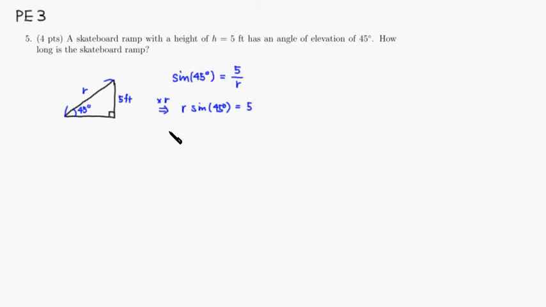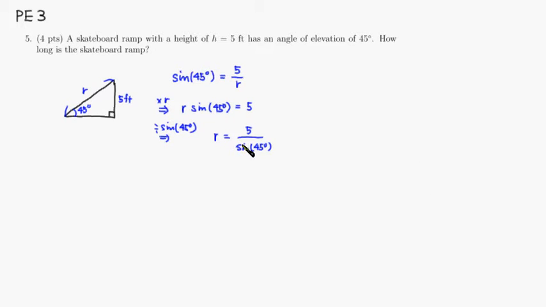Then we can just divide through by sine of 45 degrees. So R is equal to 5 over sine of 45 degrees.